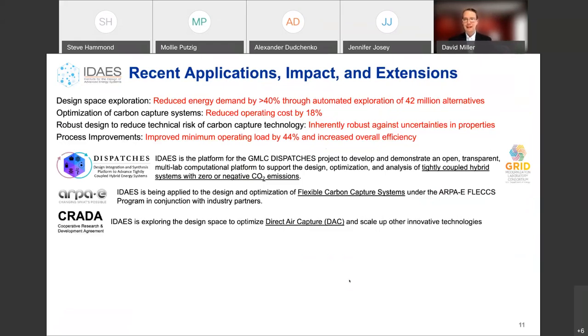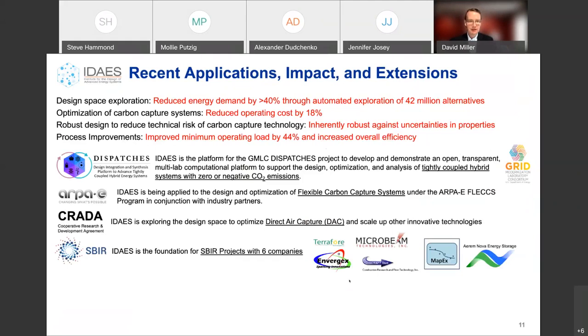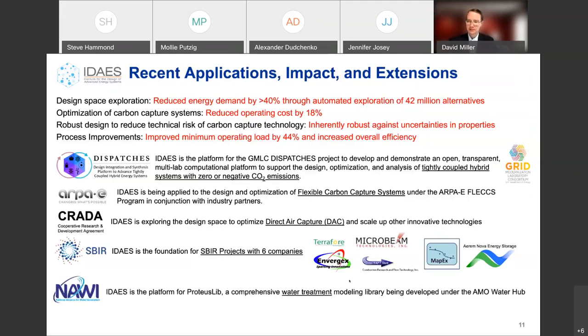It's being used through CRADAs with multiple industry partners, including design and optimization of direct air capture systems. And it's the foundation for a number of projects with small businesses with funding through the Small Business Innovation Research Program. And now most recently, it's the foundation for NAWI's ProteusLib water treatment library.